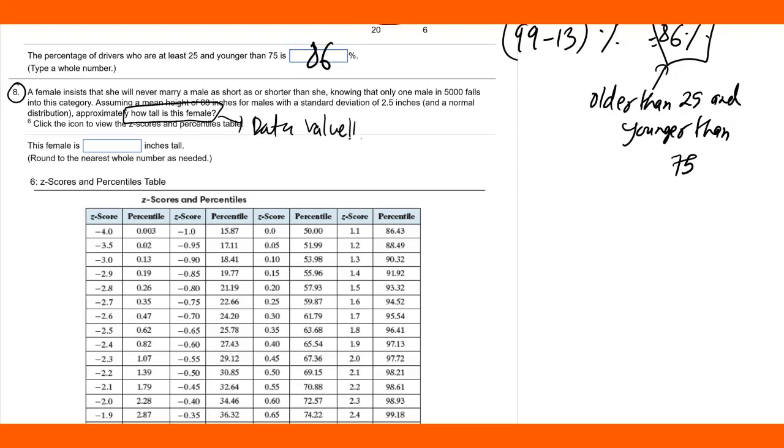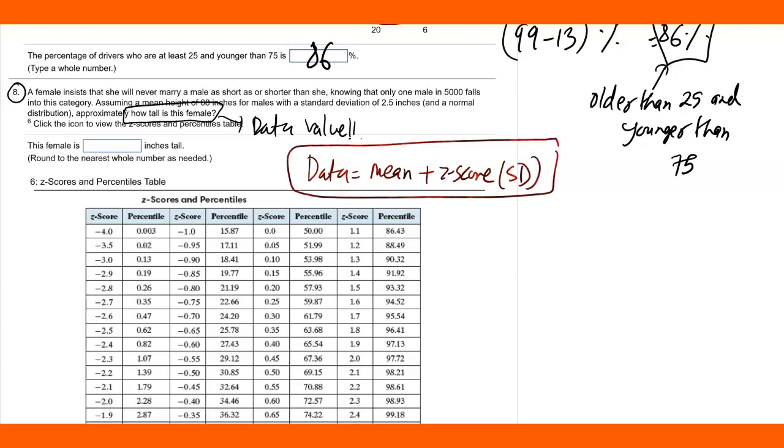Notice that the formula for the data is the mean plus the z-score times the standard deviation. That's the formula. We have the mean, 68 inches, and we have the standard deviation, 2.5.